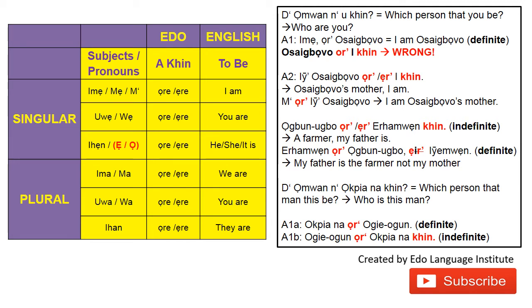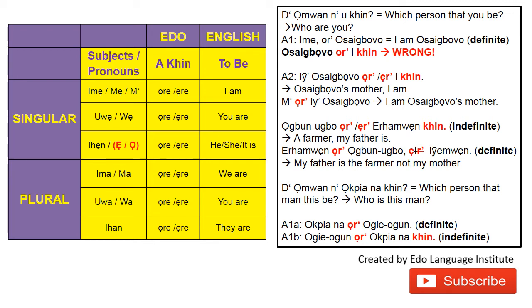We can't really translate it one to one because Edo has its own rule when it comes to verbs like this. We have the verb that encloses the subject in the middle. So you see there, Obianachin. Ochin is the verb there.